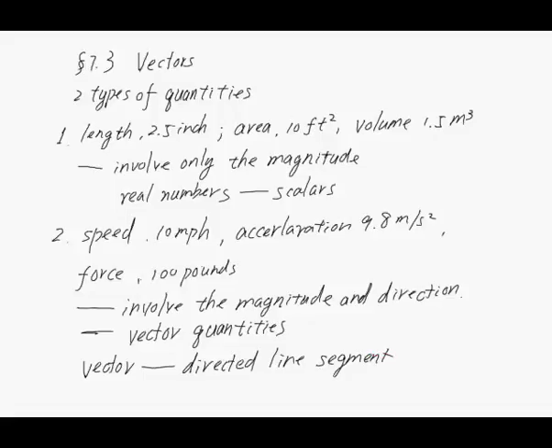For example, when we have a vector like this, we have the initial point of this vector, and then we have the end point. Let me use A for this initial point. So this is the initial point, and then this B is the terminal point.